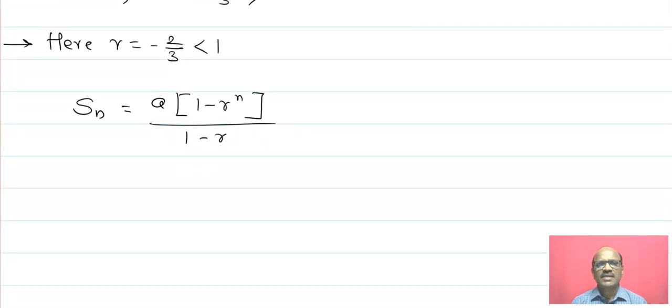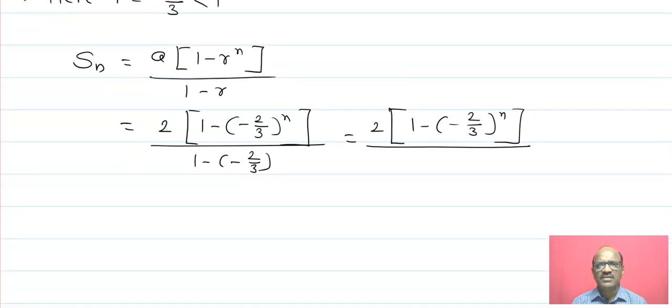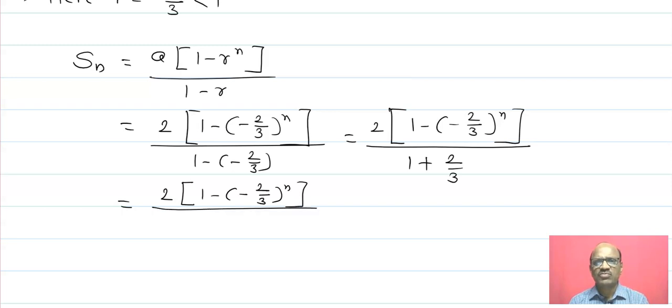Next, question number 2. Here R is equal to minus 2 by 3, which is less than 1. Sn is equal to A in bracket 1 minus R raised to n upon 1 minus R. Now substitute the values. That is 2 in bracket 1 minus 2 by 3 bracket raised to n upon 1 minus in bracket minus 2 by 3.